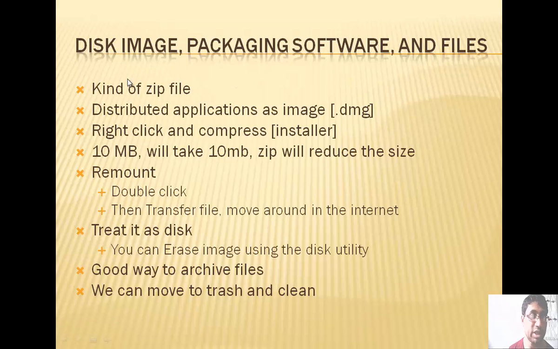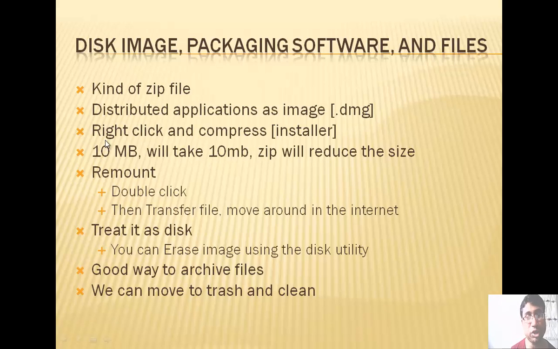So as I told, you can consider it as a zip file. The DMG file or the image file can be considered as a zip file. Usually it's .dmg, that's why I'm saying DMG file. You can distribute an application as an image file to other computers or to your friends for download. You can right click and compress the image file.